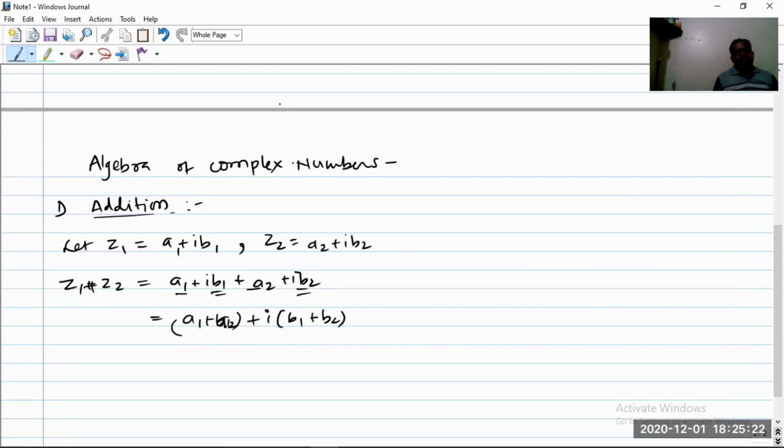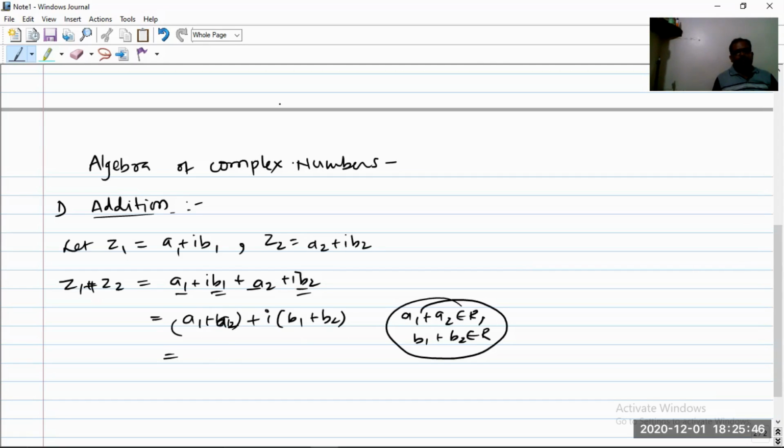So A1 plus A2 plus i times B1 plus B2. Now students, as A1, A2, B1, B2 are real numbers, can I say A1 plus A2 and B1 plus B2 are real numbers? Yes, they are also real numbers.